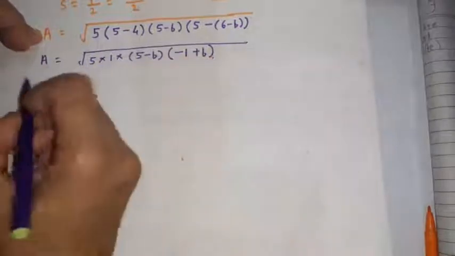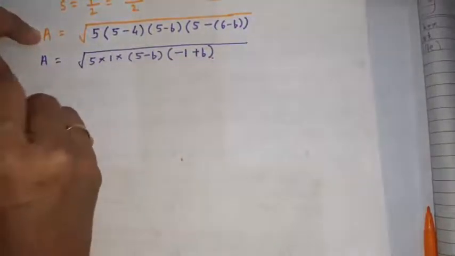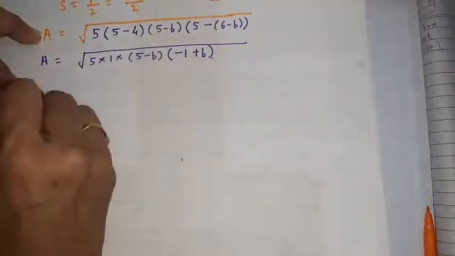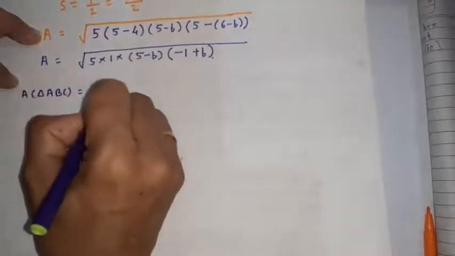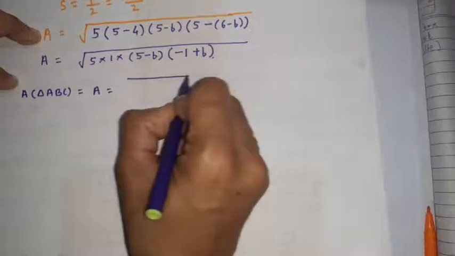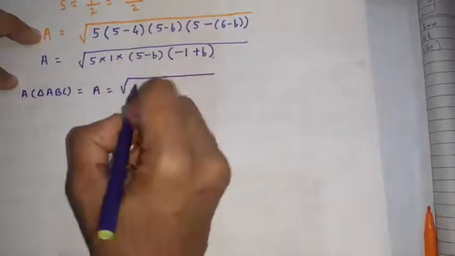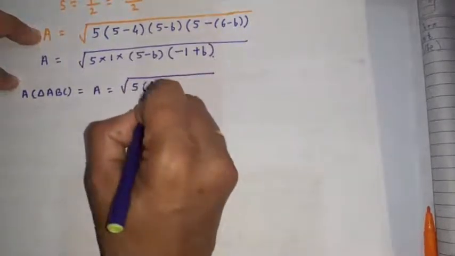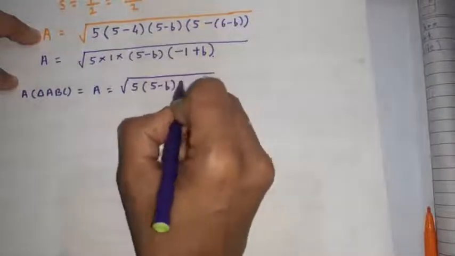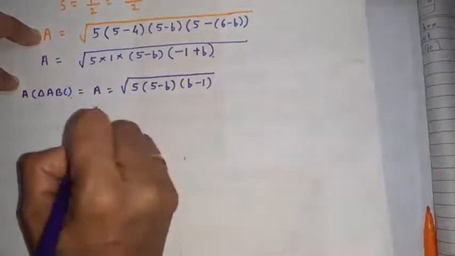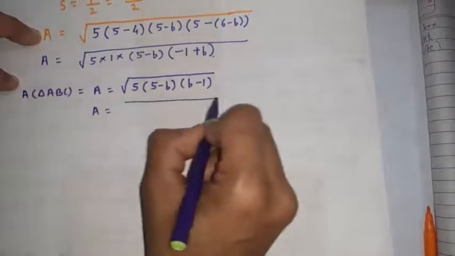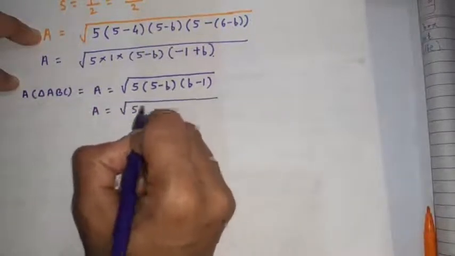Here area of triangle ABC, that is equal to A, is square root of 5 into 5 minus b into b minus 1 we can write. Now simplify the terms. The 5 will be as it is.